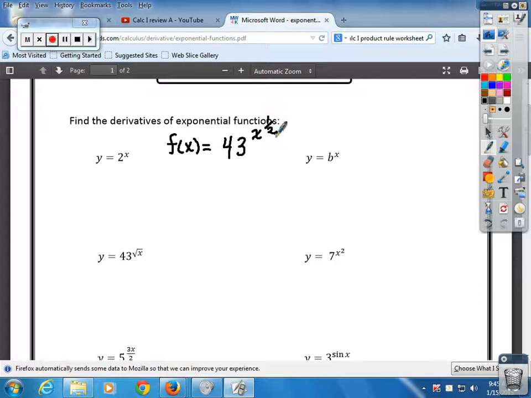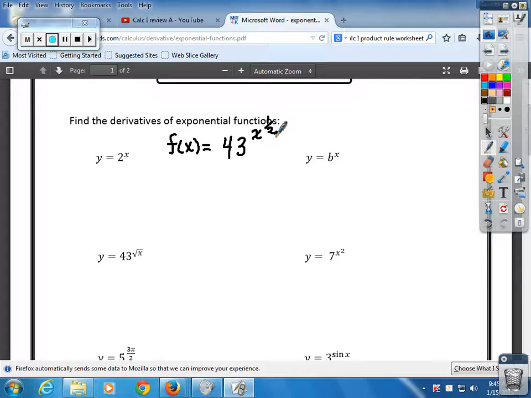Now, when you have an exponential function, the best thing to do is just pull that exponent out, and you're going to have x to the 1/2 times the natural log of 43.